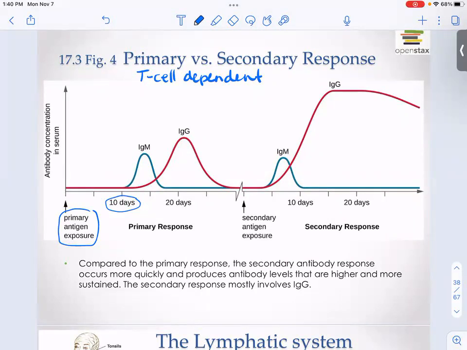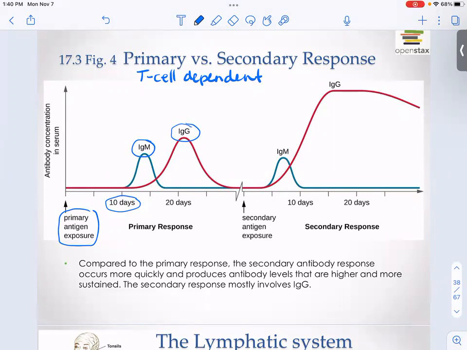So it takes at least 10 days to start making antibody. IgM is that first antibody, with some class switching, then that will change to most often IgG, but it might be some other kind of antibody that's better suited.